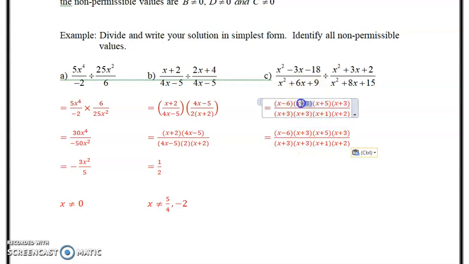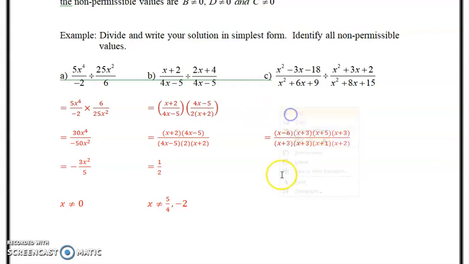So we have an x plus 3. That'll divide with the first x plus 3. We have another x plus 3. And that'll divide with this x plus 3. And again, I did that again one other video.